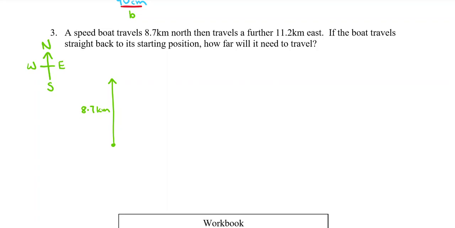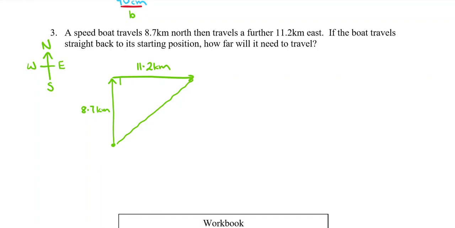Then it turns and it's going to be going east, which is to the right. So it's going to go to the right now, and it's going to do that for 11.2 kilometres. If the boat then travels straight back to its starting position, how far will it need to travel to get back to the start?